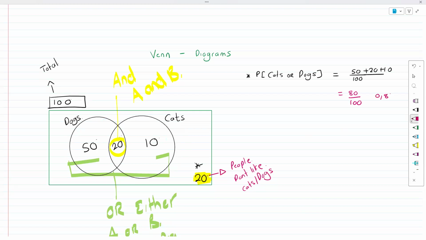But now this is the second formula that you need to write down. Unfortunately, it is difficult, but once you understand it, it's fine.